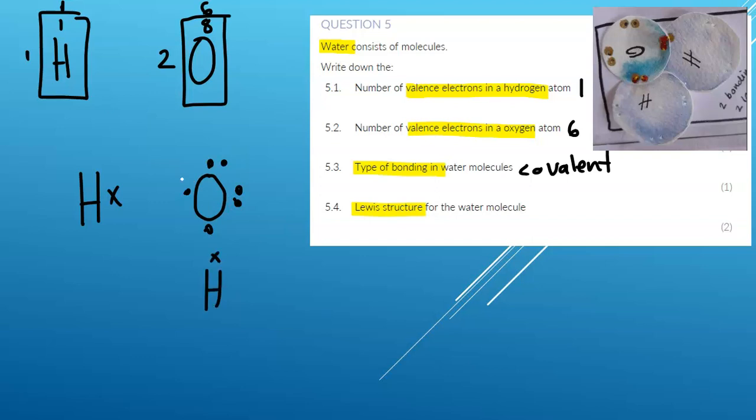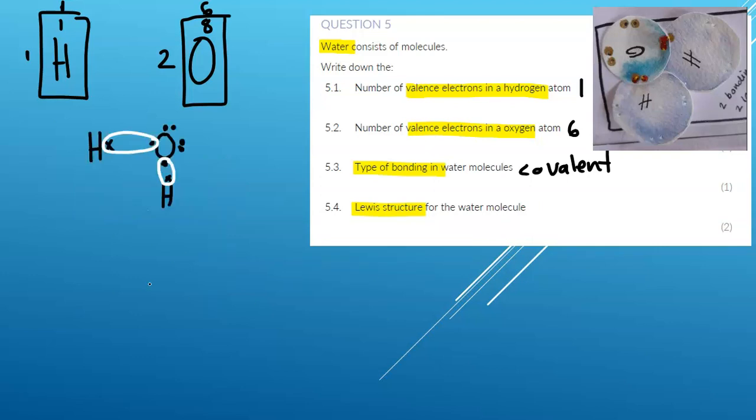Okay, so just like in class and just like we did with the beads, those 2 electrons are going to come together, and these 2 electrons are going to come together, and now we just need to redraw it in a nice way. And usually what I do is I start with the central atom. So there's my oxygen, and then there's a hydrogen, and there's a hydrogen. And just to show you the non-bonding pairs better, there's my oxygen.